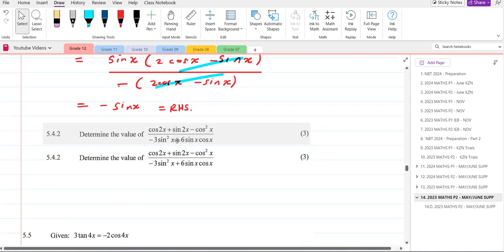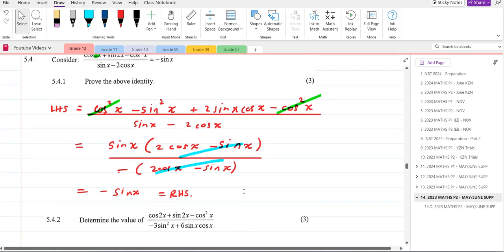Determine the value of (cos 2x + sin 2x - cos²x) over (-3 sin²x + 6 sin x cos x). Okay, to determine the value of this, how are we going to do that?